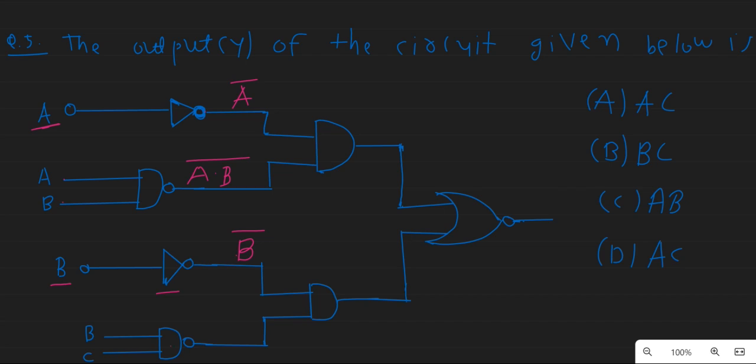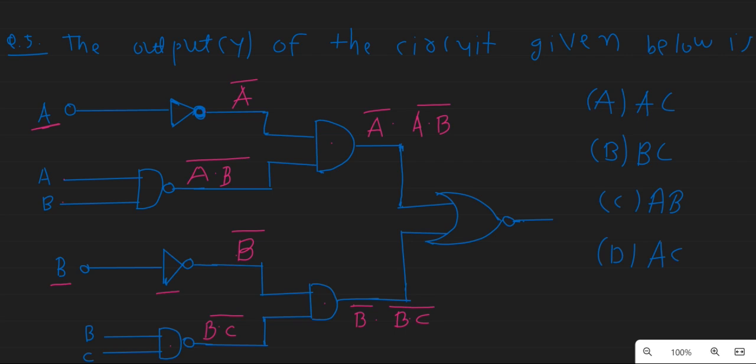This is a NAND gate, so output at this point will be B dot C bar, and this is an AND gate, so the output at this point will be A bar and A dot B bar, and at this point this is also an AND gate, so output at this point will be B bar and B dot C bar.